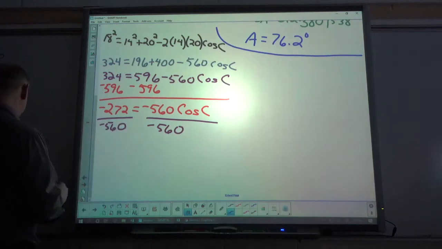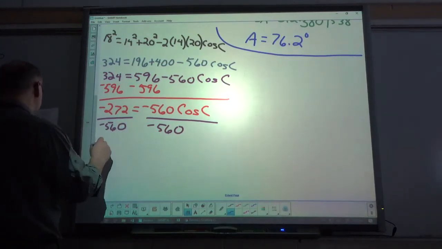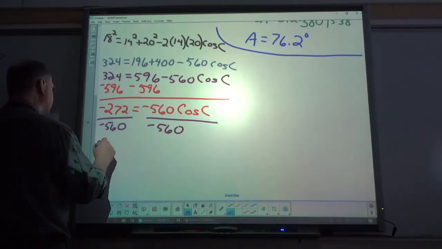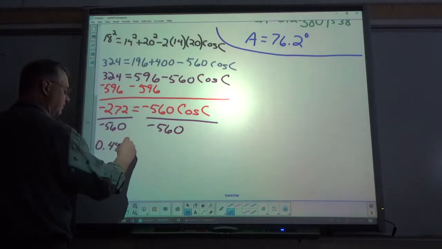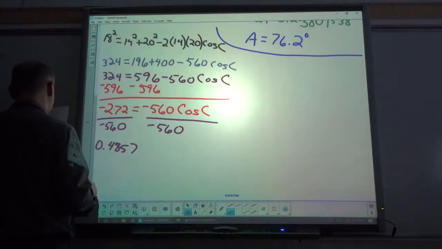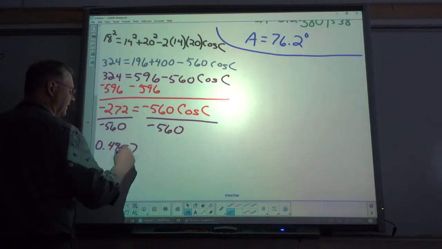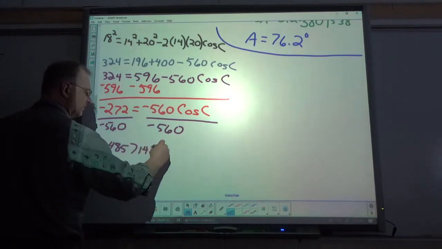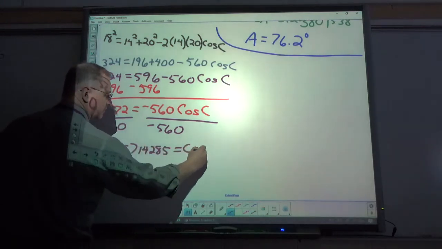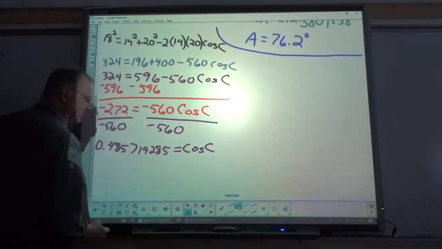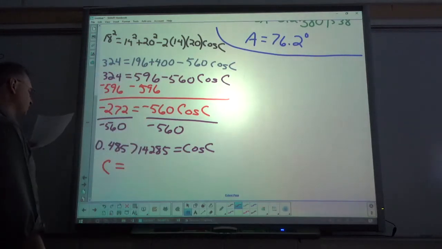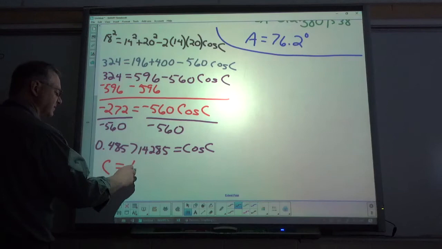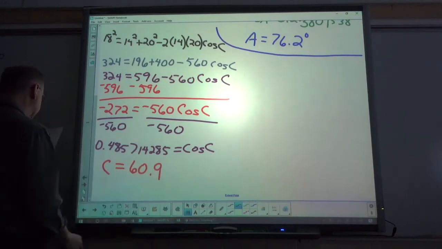So that gives me 0.4857142857, and it turns out C, when you do inverse cosine, is 60.9.